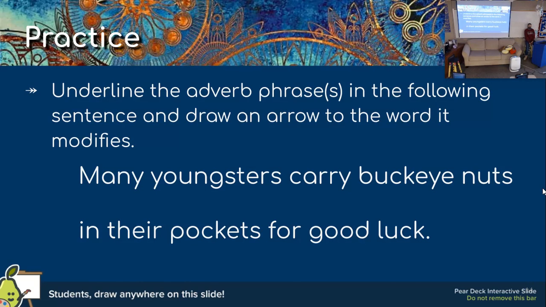We just have to figure out, are both of those prepositional phrases functioning as adverb phrases or as adjective phrases? Who have I not picked on today? Santi, give me one of the prepositional phrases in this sentence. In their pockets. In is the preposition, pockets is the object of the preposition, their is modifying pockets. Where's the second one, Jamie? For good luck. For is the preposition, luck is the object of the preposition, good is modifying luck. For good luck is the second one.